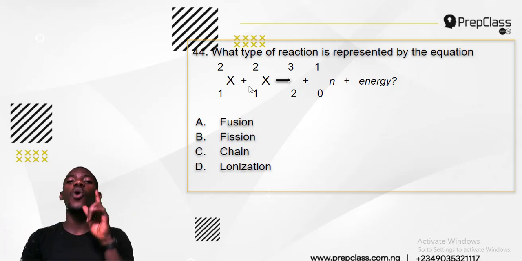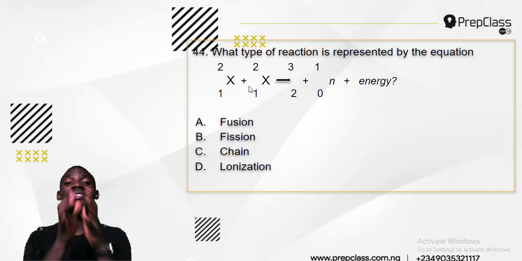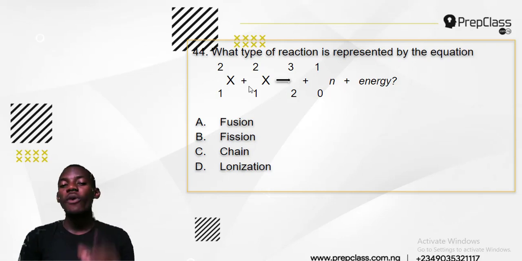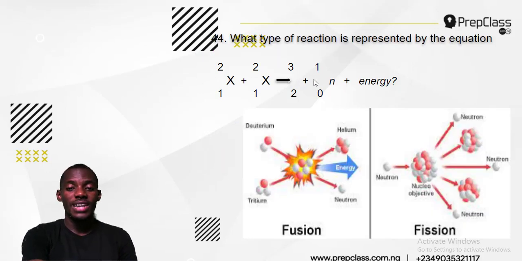But fission is the opposite of fusion. Fission is one breaking or disintegrating into smaller particles, and that is fission. But this question is just a typical example of fusion reaction because 2 is forming 1. 2 smaller nuclei are forming 1 giant nuclide, and that is the answer to number 44. The answer is just nuclear fusion.